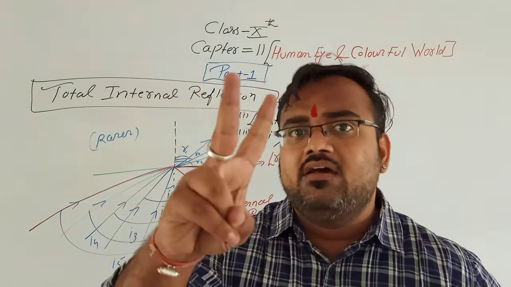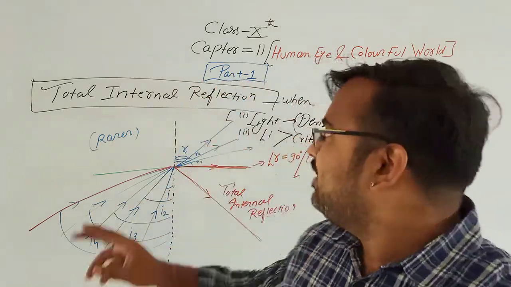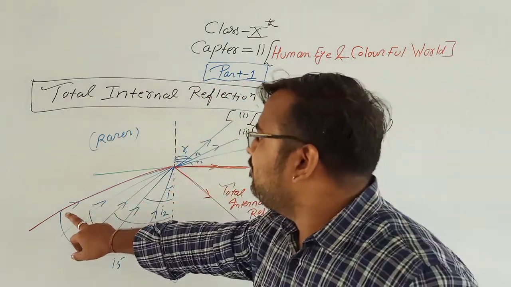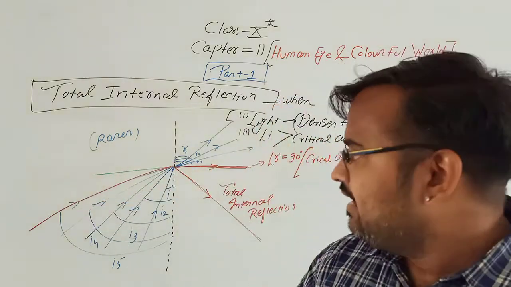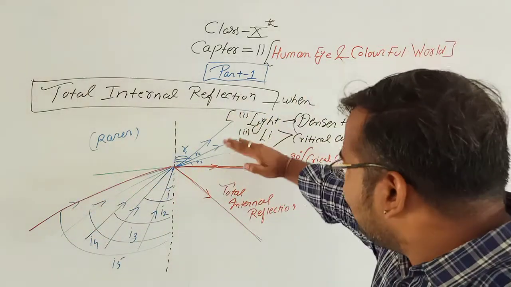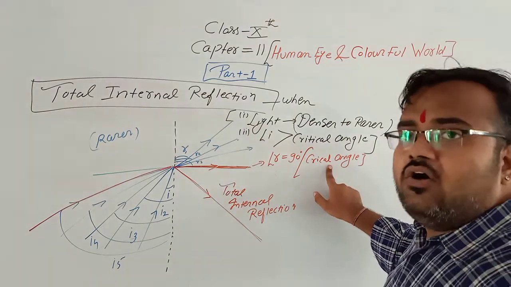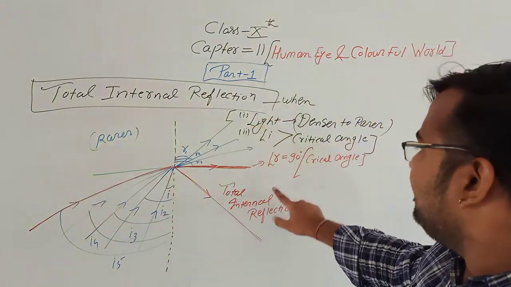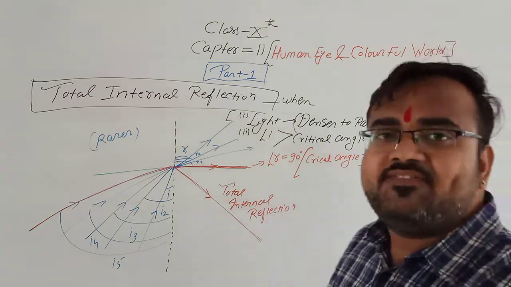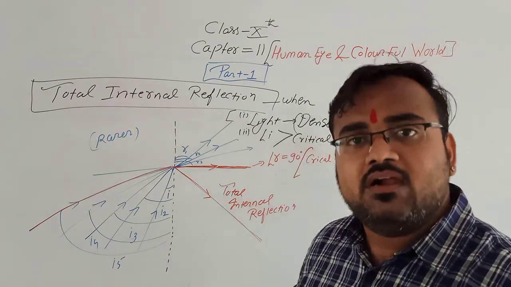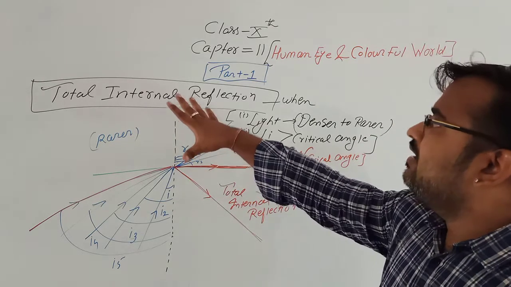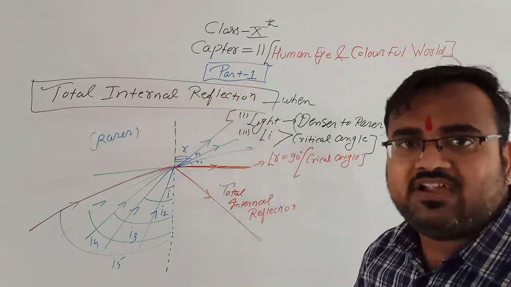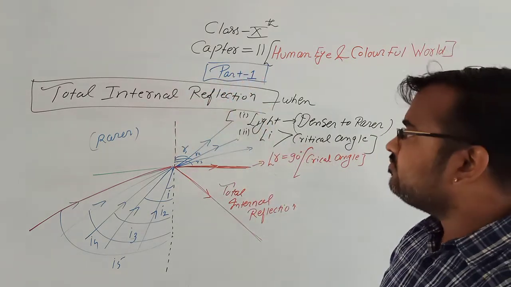First, the light travels from denser to rare. Second, the angle of incidence is greater than the critical angle. Clear? This is known as total internal reflection.